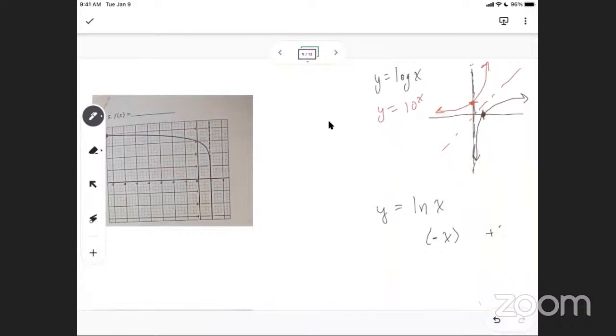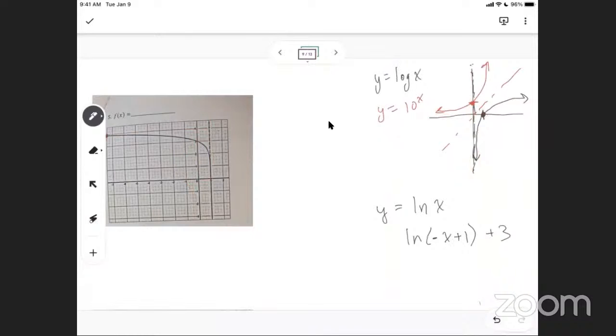So I'm going to put a plus 3 on the outside, but now this is the tricky part. I'm wondering how your teacher taught you to do this. If I'm going to put this inside with the negative x's on the inside, and I want to move it 1 to the right, I actually have to put a plus 1 in here.